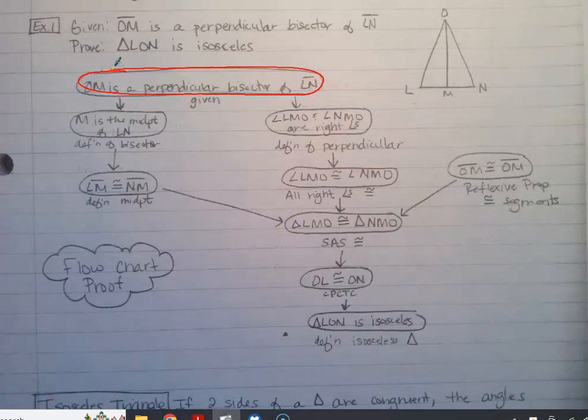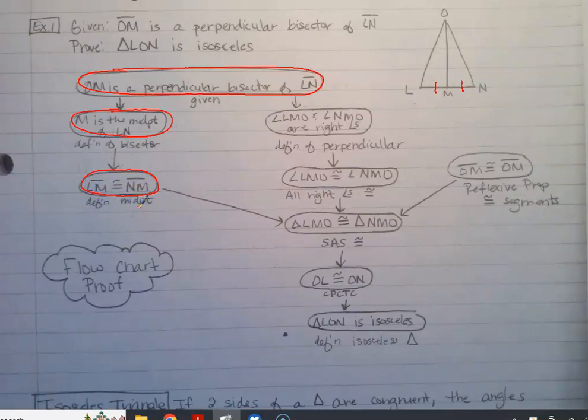So the next statement I make says, hey, M is the midpoint then, right? M has to be the midpoint of LN, and that's the definition of a bisector. Knowing that, LM is congruent to MN, or NM, and that is because of the definition of a midpoint.